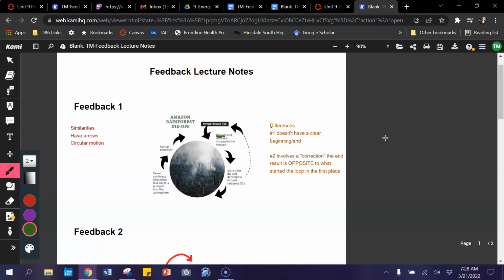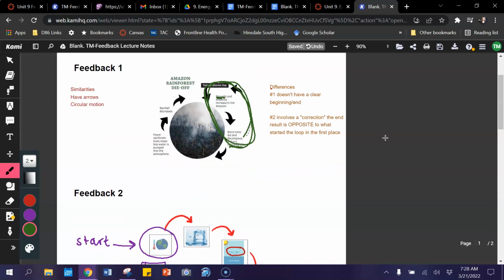And then look at what's happening here. We get more carbon dioxide being continuously pumped into the atmosphere. Folks, feedback 1 is an example of reinforcing / positive feedback.